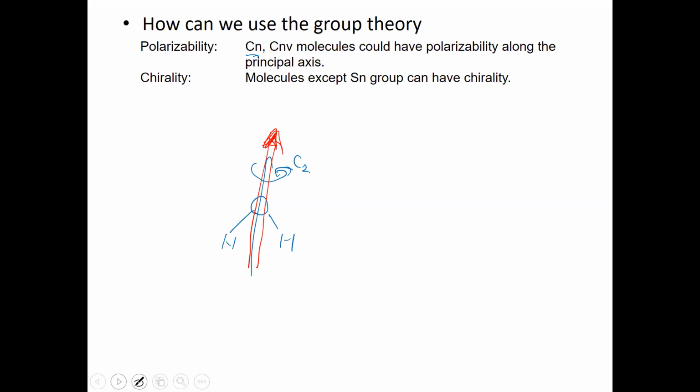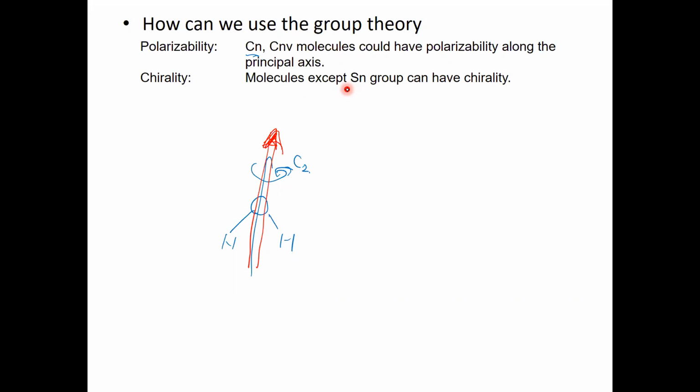And the other simple example just by categorizing is chirality. Chirality is, of course, one of the important properties of molecules in medicine and biology. And the molecules except the Sn group can have chirality. Sn is a highly symmetrical group, but once a molecule is categorized into the Sn group, that molecule cannot have chirality.